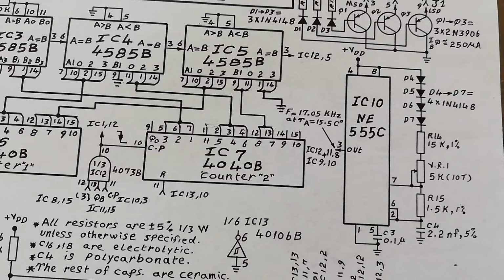Why is that? Because as temperature increases, the voltage across these diodes will decrease, and that means more voltage is left for the resistors to charge, which means they are going to charge faster. Okay, so that's the idea.